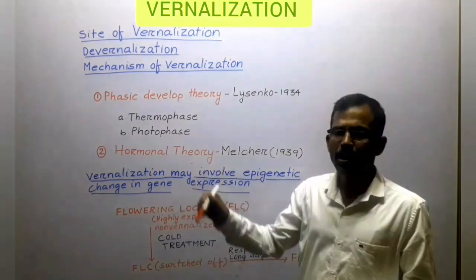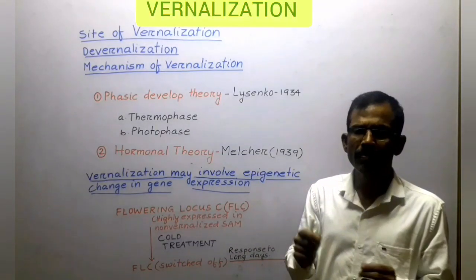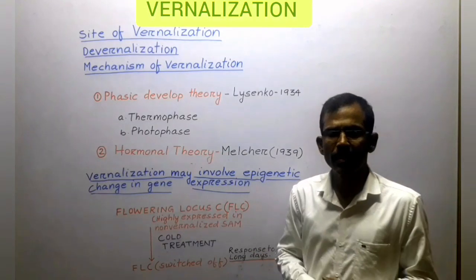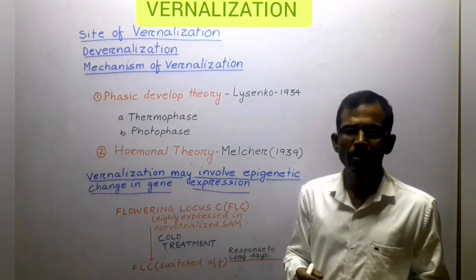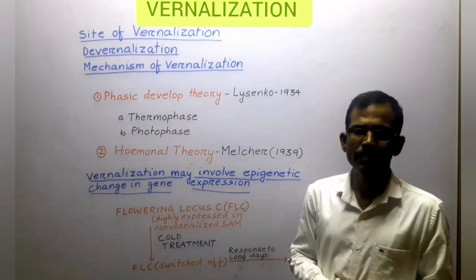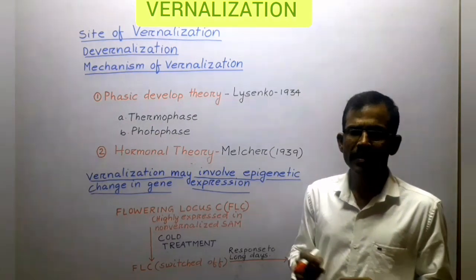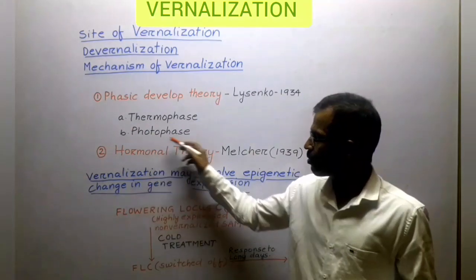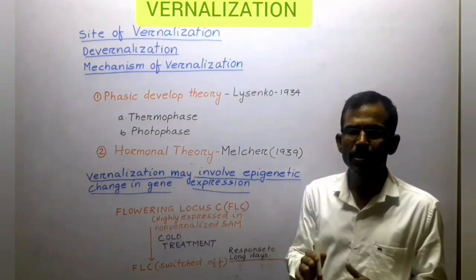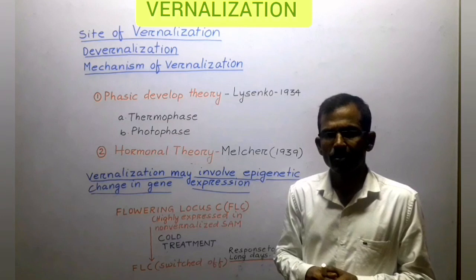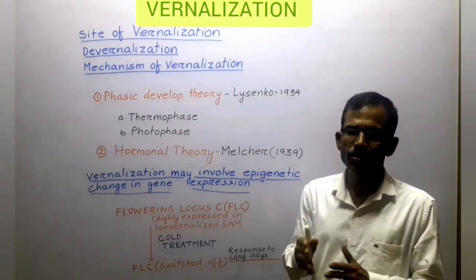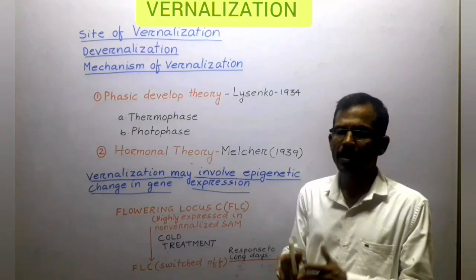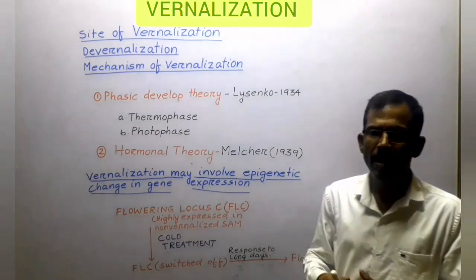According to this theory, flowering involved two different phases, thermophase and photophase. Thermophase depend on a suitable temperature. Vernalization accelerates this phase. And the second phase, that is photophase, depend on a suitable photoperiod. So according to this theory, a suitable temperature and a suitable photoperiod are responsible for flowering.